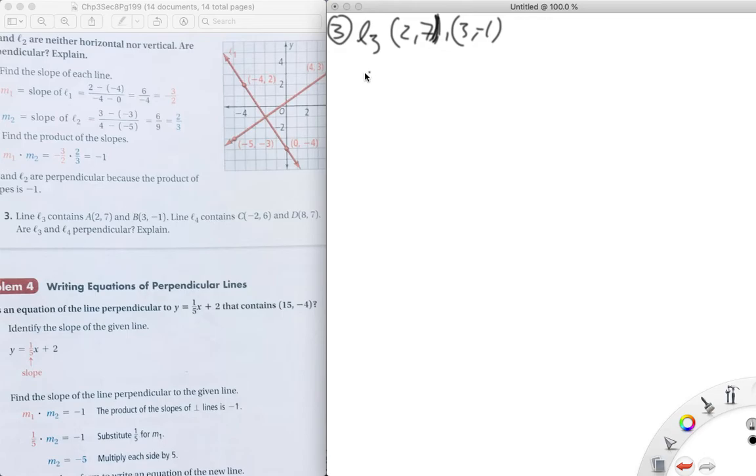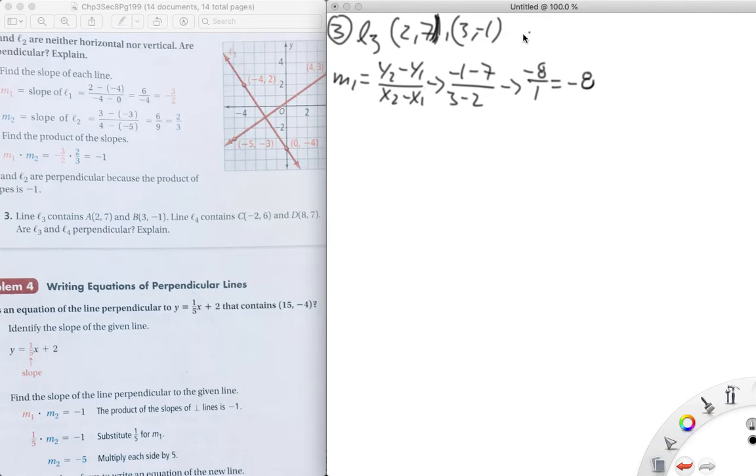First thing I'm going to do, call this slope 1. Just get the slope, which is rise over run, which is y2 minus y1 over x2 minus x1. That gives me negative 1 minus 7 over 3 minus 2. And that gives me negative 8 over 1, which is negative 8. So that's my first slope.